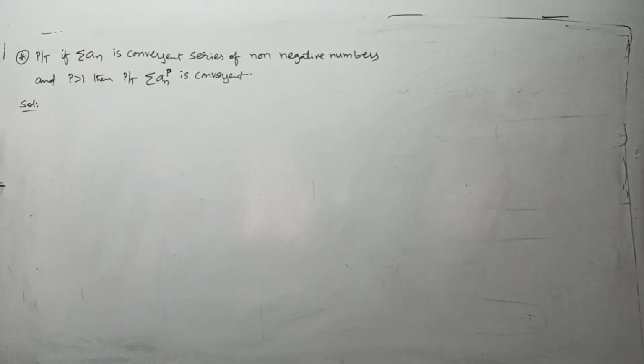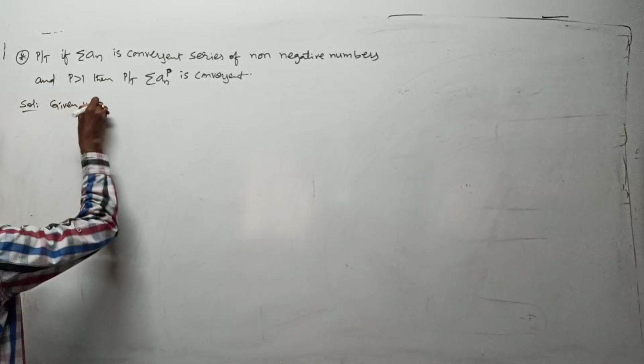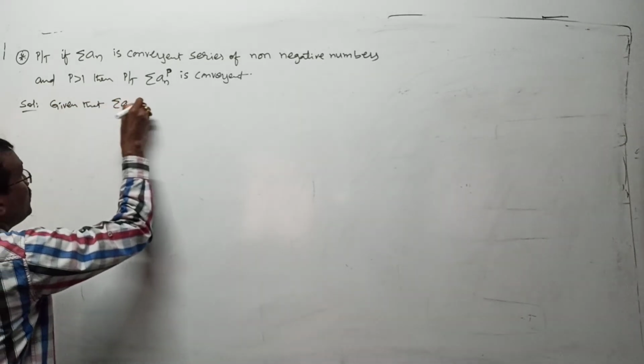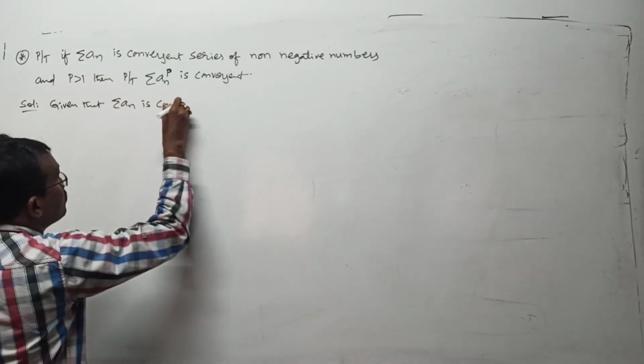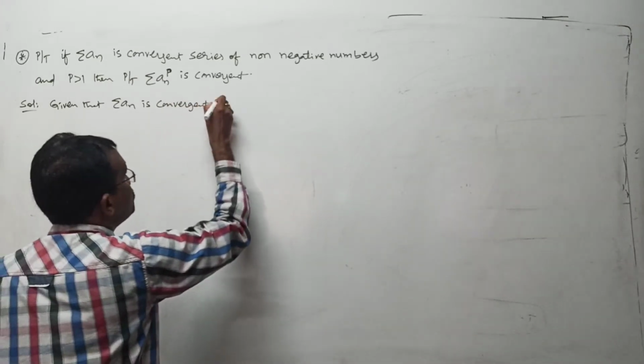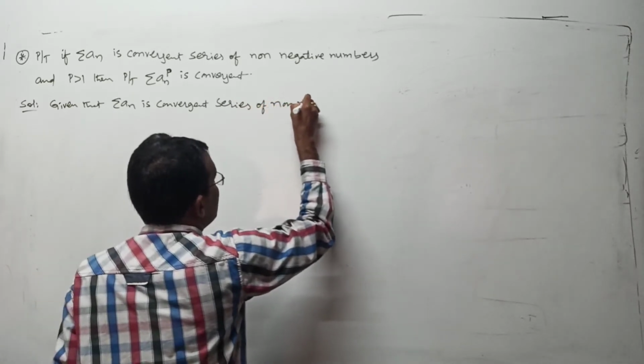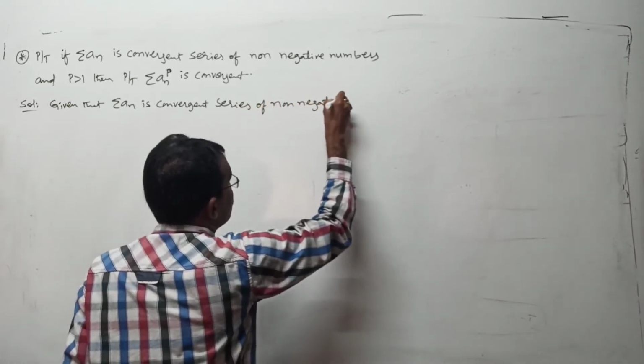First I want to take the given condition here. Given that sigma an is convergent, a convergent series of non-negative numbers.